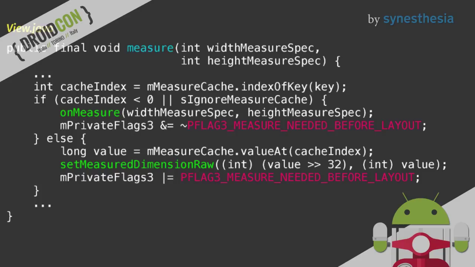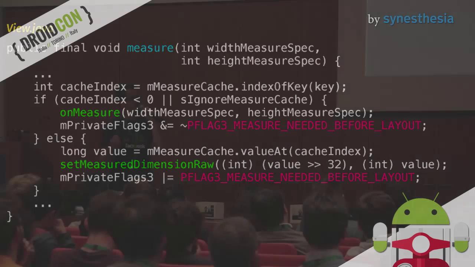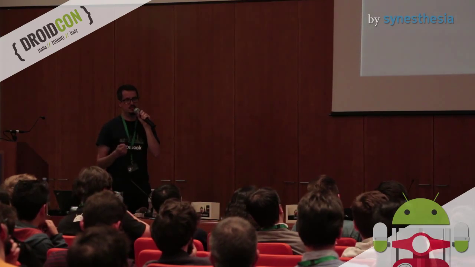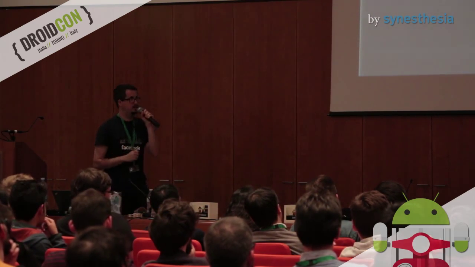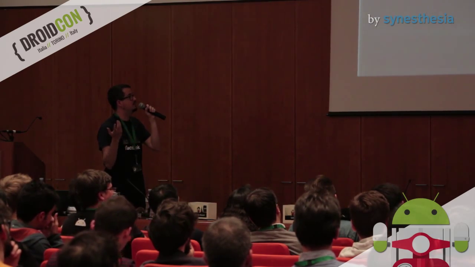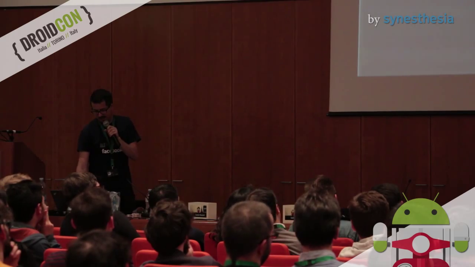To summarize, we check in a sparse array: do I have this pair of measure specs? If yes, then I'll just queue an onMeasure call in the layout call, which is only called once per layout traversal in each view. If not, you do call onMeasure and cache that.